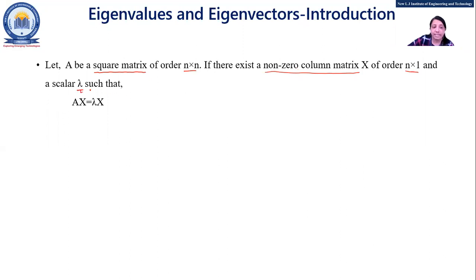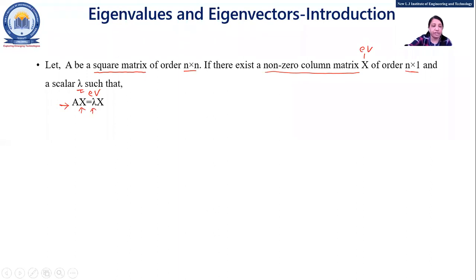this lambda is nothing but the eigenvalue, and this X is nothing but the eigenvector. They are such that they follow this equation: Ax equal to lambda x. That means x and lambda are such that they fulfill this condition, Ax minus lambda x.